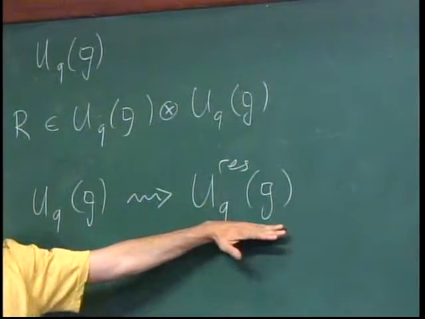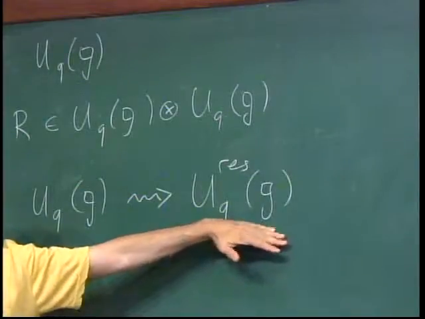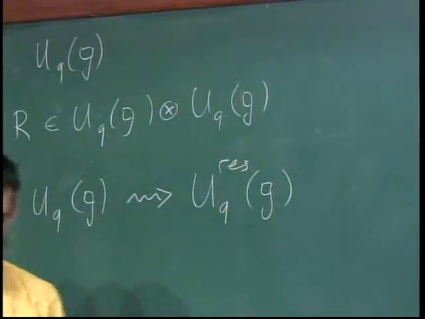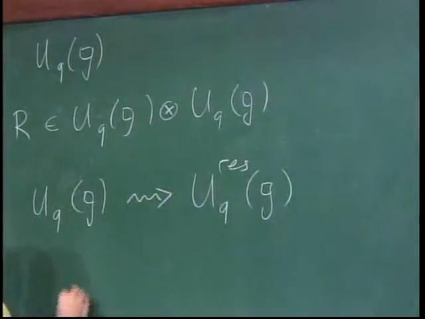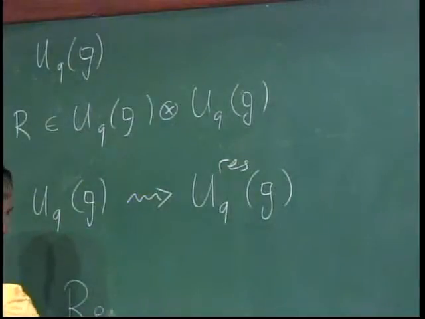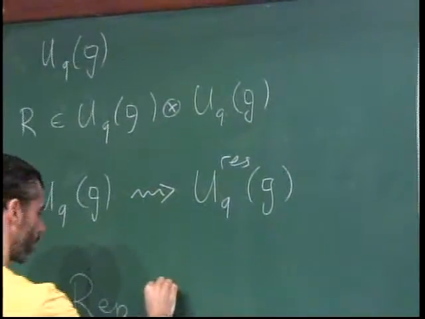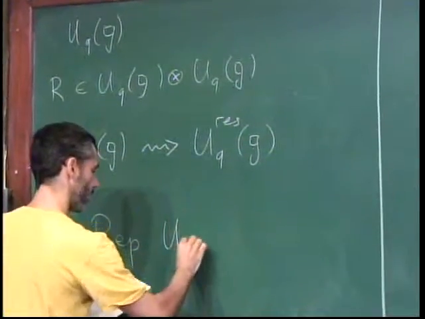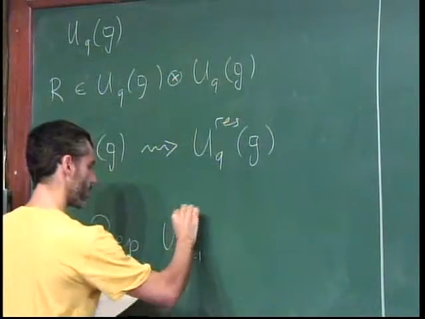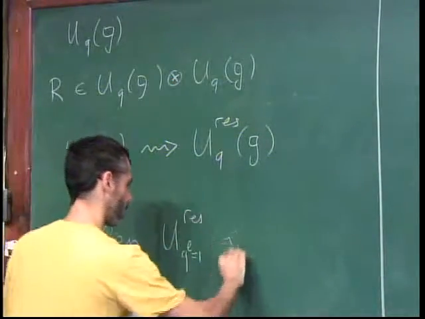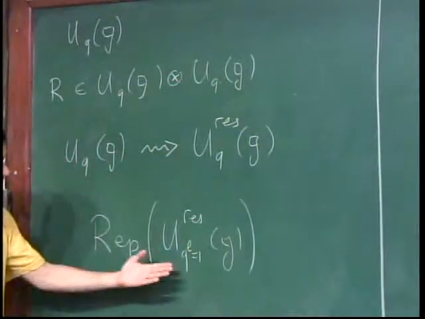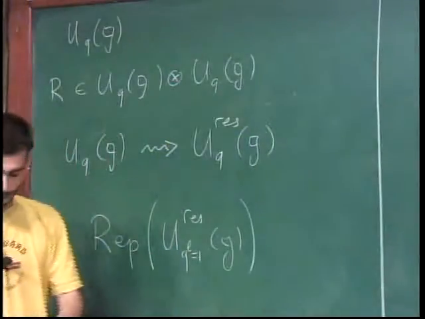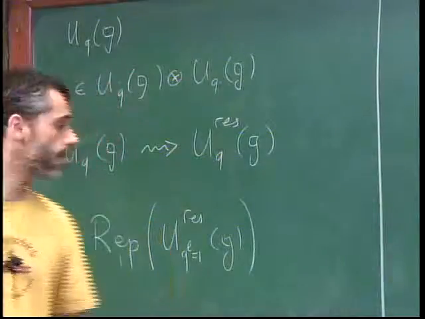And therefore, it is unproblematic to make sense of that at a root of unity. And therefore, one gets a category, the representation category of, let me denote it like this. And that category is now a braided category.